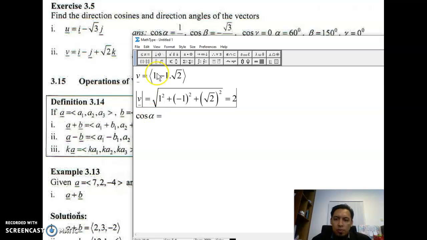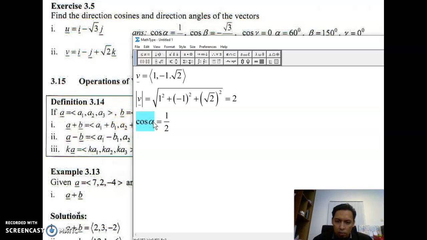Right, so next to find the direction cosine for x, it is x over its hypotenuse, which is this. It's 1 over 2.